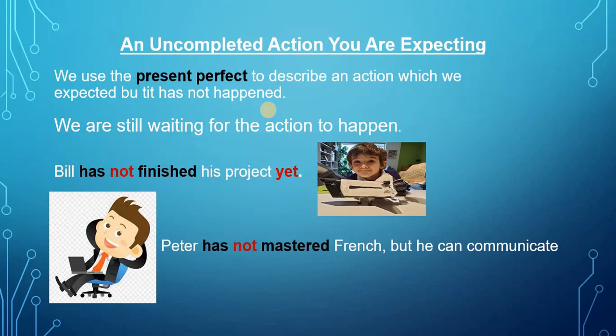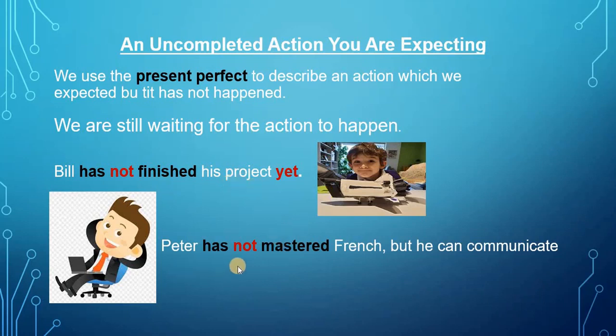So we are still waiting for the action to happen, or we are still waiting for something. And in fact, in the present, we are still waiting for the action to happen. Example, Bill has not finished his project yet.